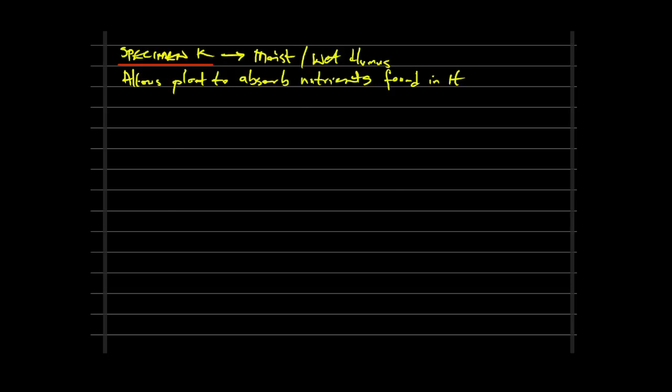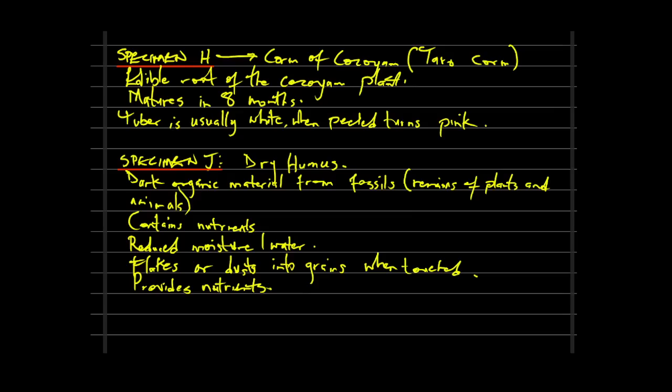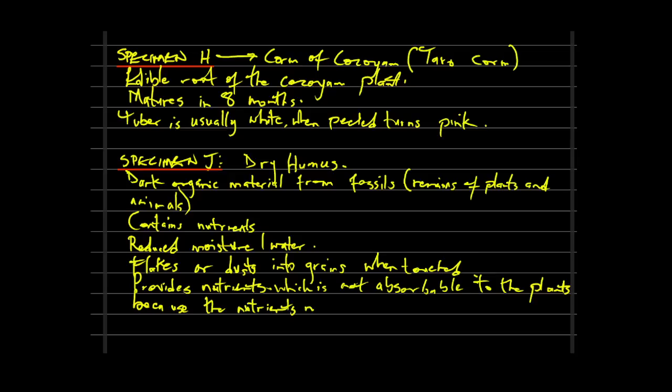So let's quickly say for this one, the previous one provides nutrients which are not absorbable to the plants, because the nutrients need to be dissolved first before they can be absorbed.